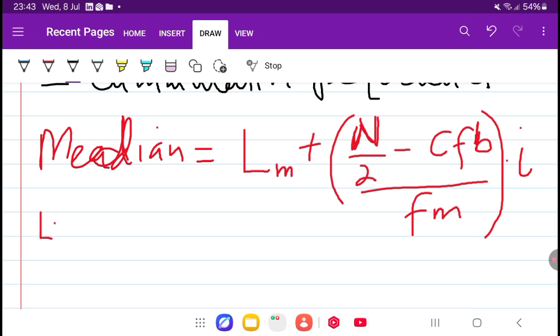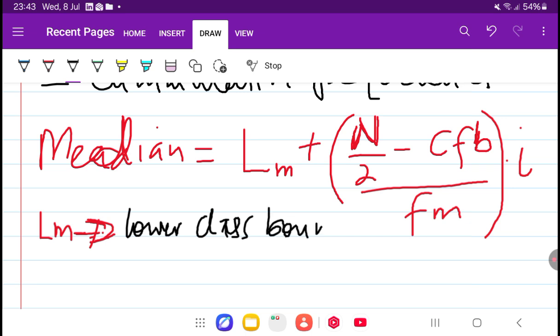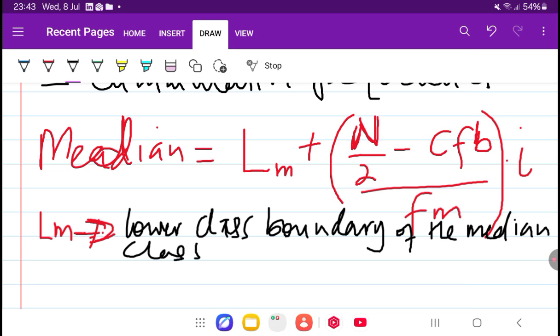Let me start with LM. LM represents the lower class boundary of the median class, the lower class boundary of the median class.